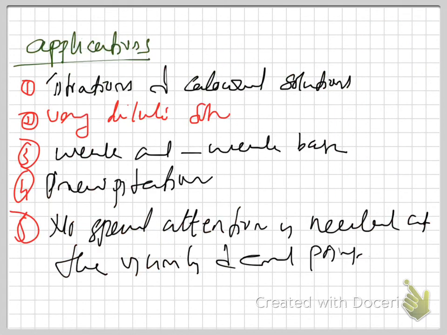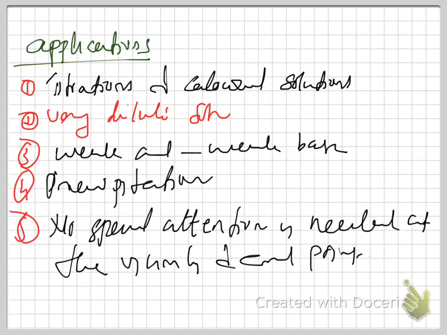Now what are the applications of conductance measurement or conductivity measurement or conductometric titration? In conductometric titration, we have discussed acid alkali titration or neutralization reaction, and secondly, precipitation titration.